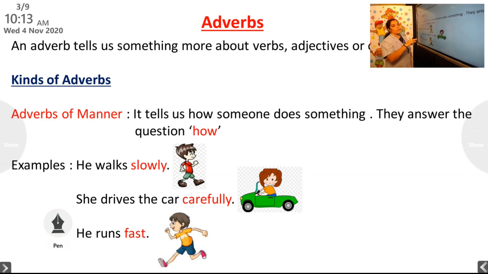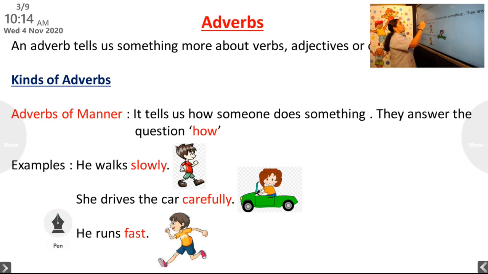So I'll just give an introduction about what is an adverb and we can learn the kinds of adverbs. Now an adverb tells us something more about verbs, adjectives or other adverbs. This whole explanation is given in your textbook.